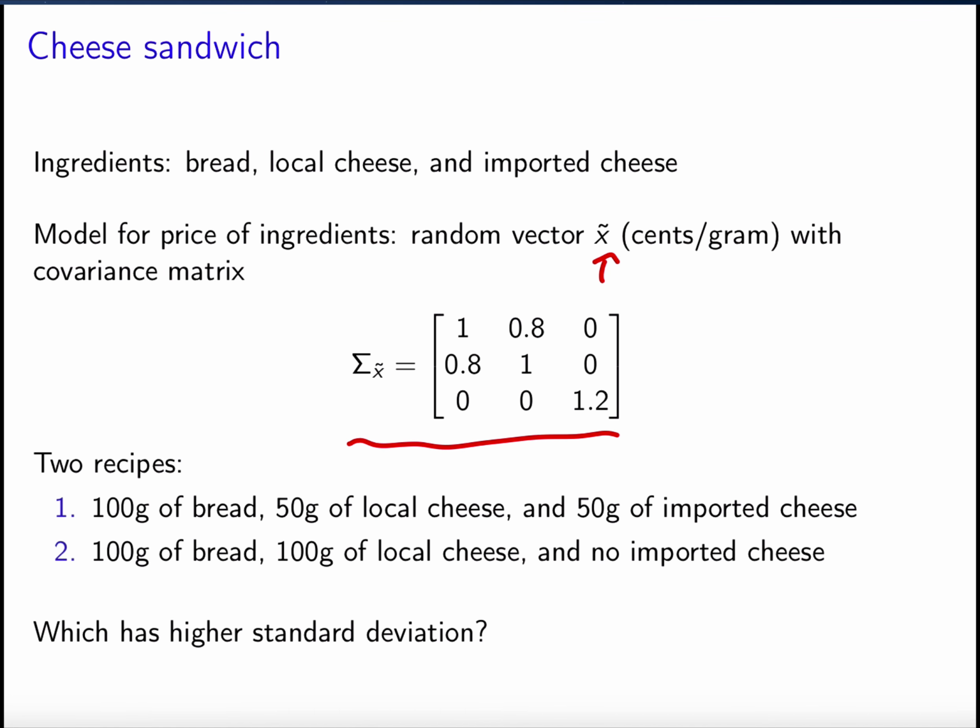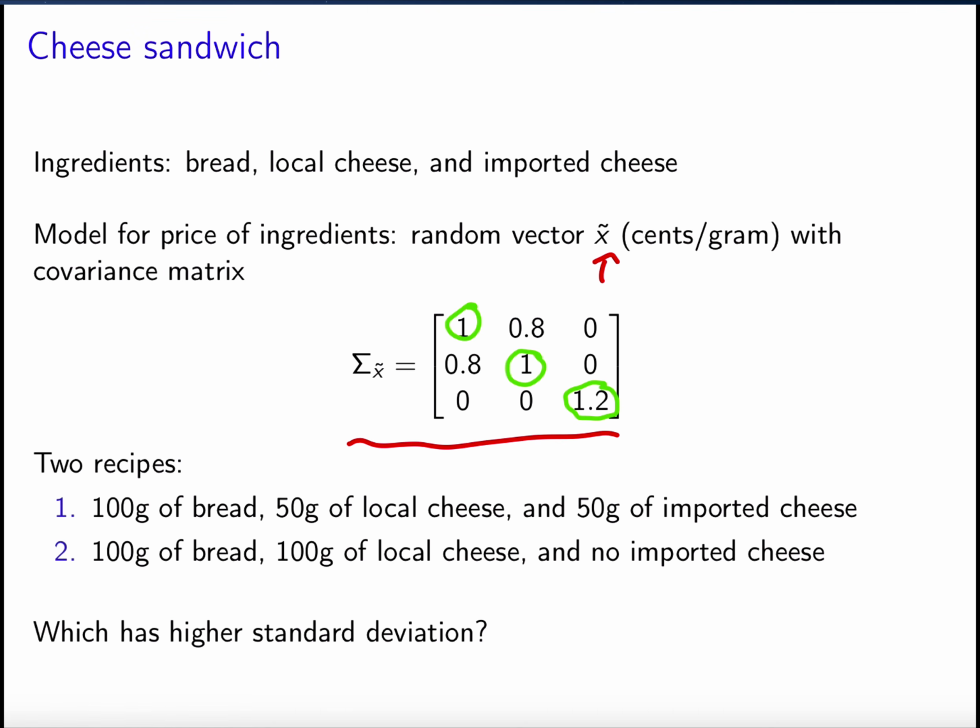So in particular, realize that this means that the variance in the price of the bread is 1, the variance in the price of the local cheese is 1, and the variance of the price of the imported cheese is 1.2. So the imported cheese is what has more variance in its price.